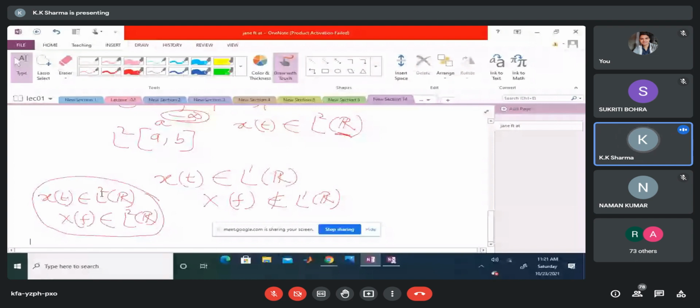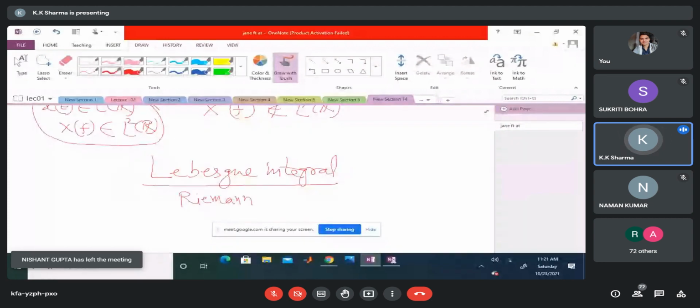This L is representing an important type of integral called the Lebesgue integral. Normally, in most engineering and physics applications, we are using formulas which in fact belong to an integral class which is called the Riemann integral.